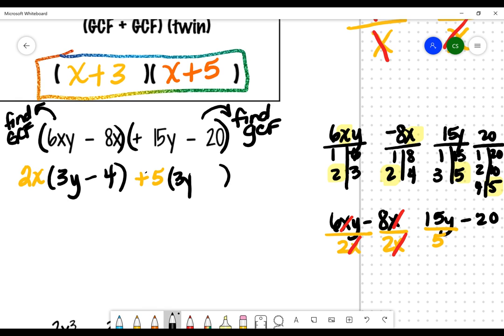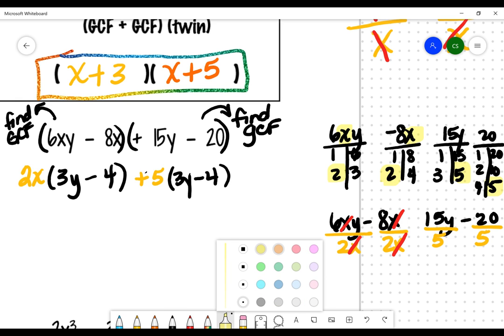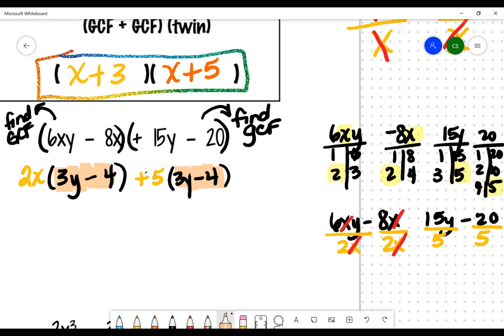And negative 20 divided by 5 is a negative 4. And if you notice, I have a twin, aka a common factor. So my common factor gets a binomial, and what is left over gets a binomial.